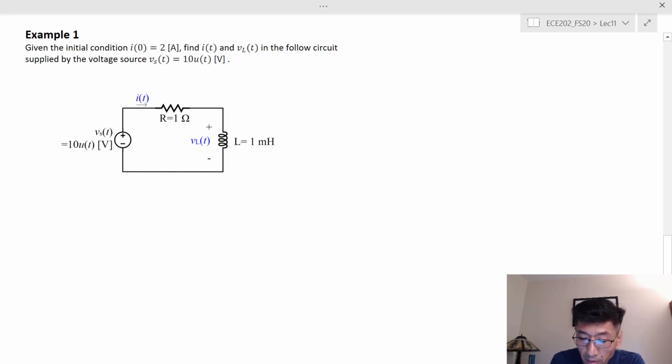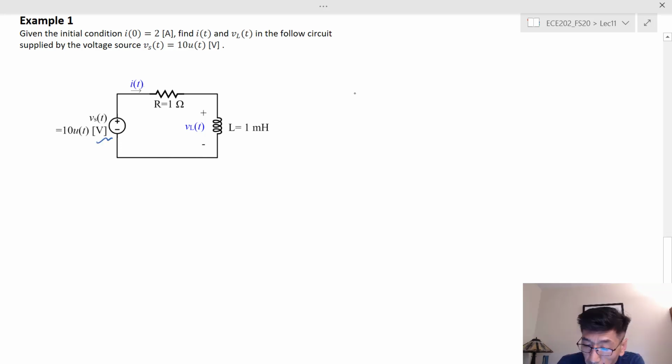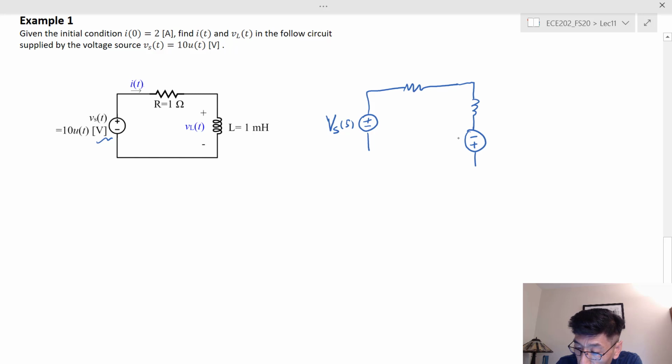Let's look at this circuit here. We're going to transform everything to the Laplace domain. The resistance in the Laplace domain is unchanged. For the source, we use capital V sub s of s, which is the Laplace transform of v sub s of t. For the inductance, we can use either of these equivalent circuits.